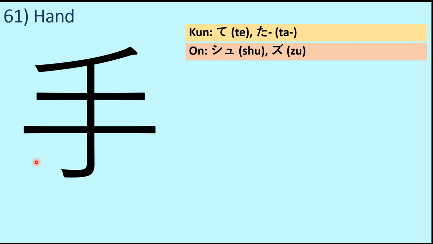So this kanji symbol for hand. The Kun'yomi reading is te, and also in certain usages ta followed by the rest of the word is used. In On'yomi we have shu for this character, and also zu is used in certain applications.